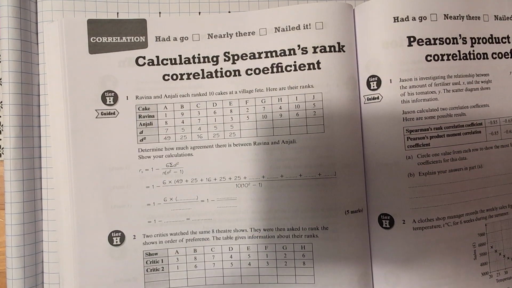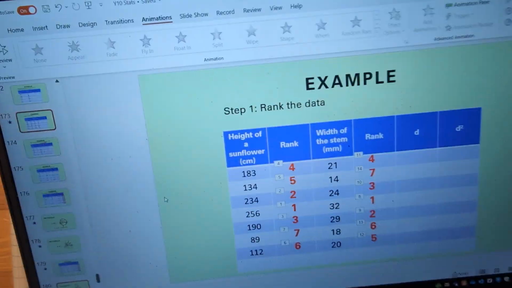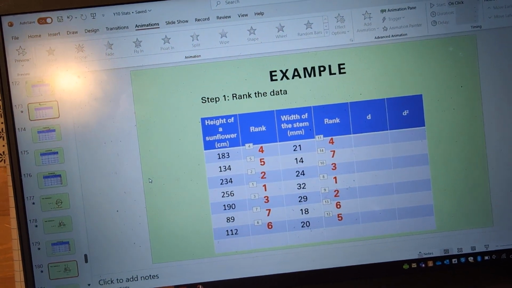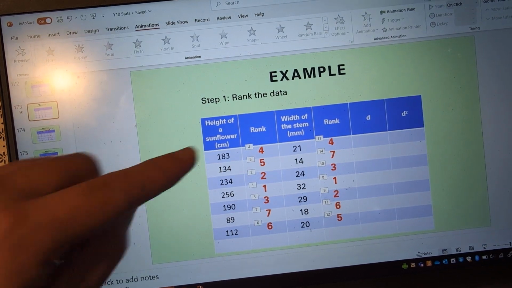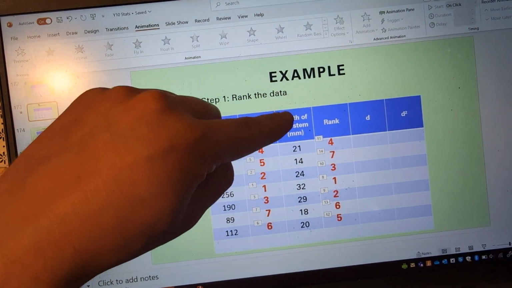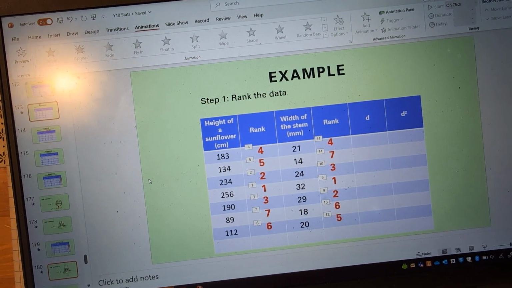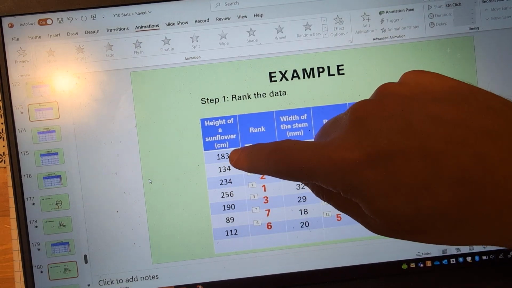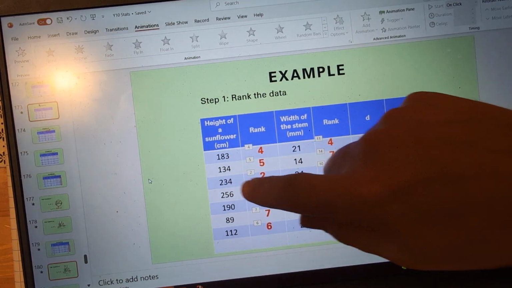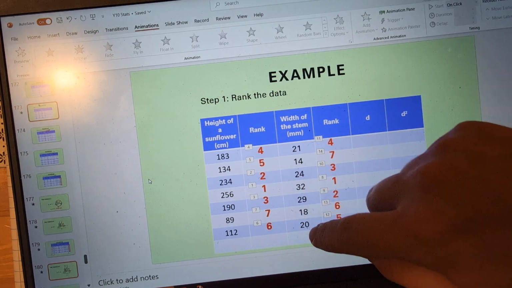Sometimes in Spearman's rank questions, you are given a scenario where you have to do the ranks yourself. I'll show you an example on the laptop. So here is an example that we did in class where we had a height of a sunflower in centimeters and the width of its stem in millimeters. We were given a list of heights and a list of widths, and we would have to go through these and rank them individually.